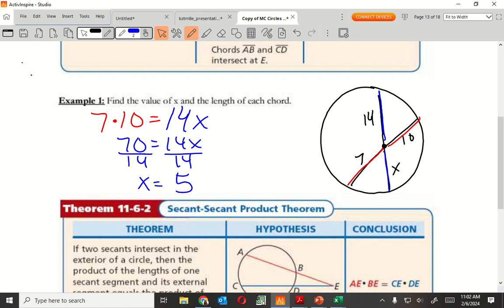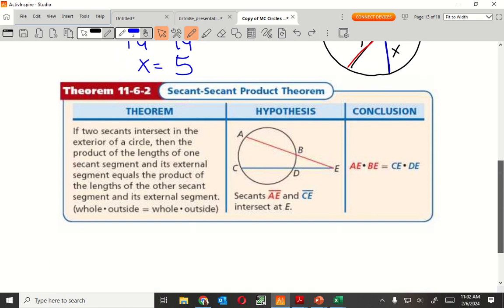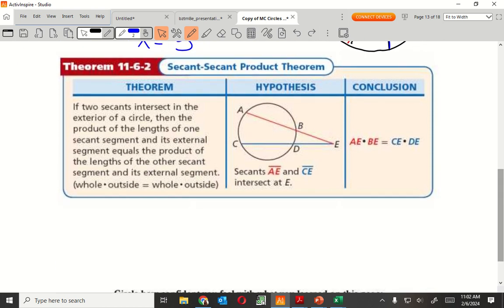All right, let's go on to the next one. Now, secant product. If two secants intersect in the exterior of a circle, that means they cross over here on the outside of a circle, it's going to be a different formula. Then the product of the lengths of one of the secant segments and its external segment is equal to the product of the lengths of the other secant and its external segment.